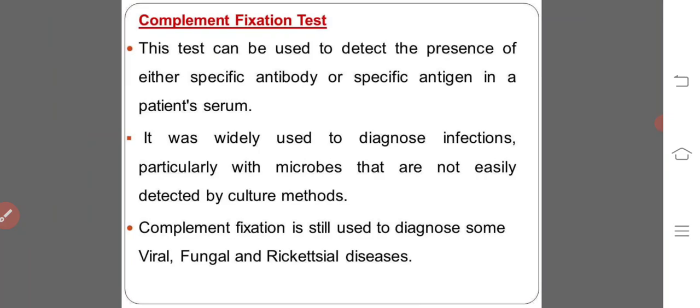In the presence of specific antibodies to an infectious agent, any complement in the system is bound, leaving no residual complement for reaction with antibodies to the erythrocytes. Thus, the presence of specific antibody is indicated by the absence of hemolysis.